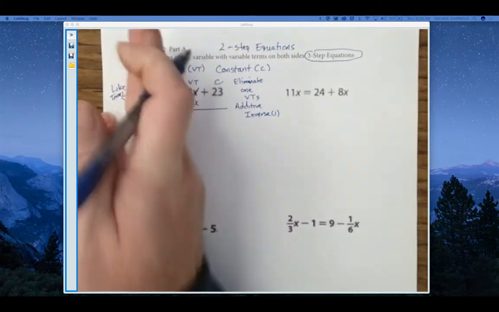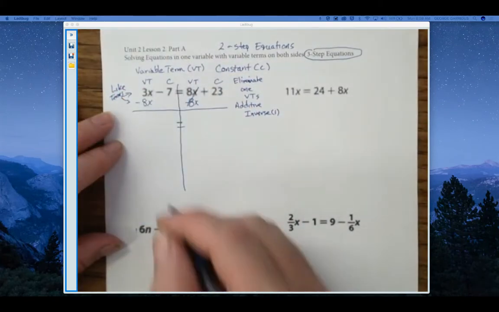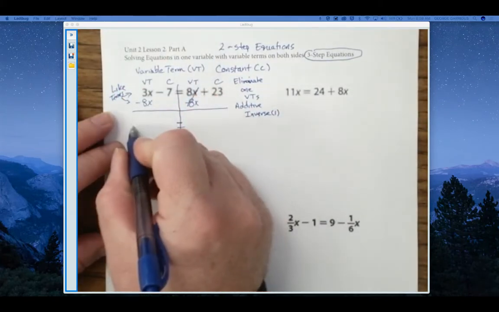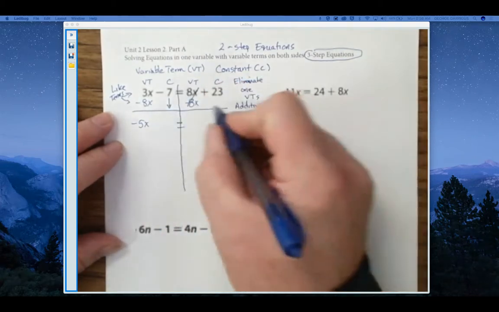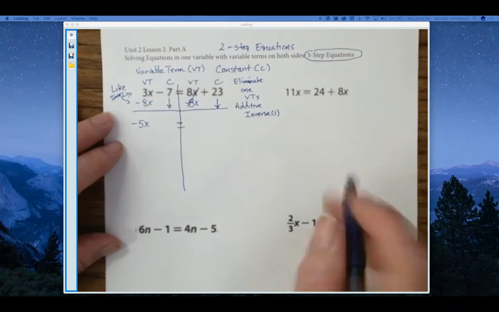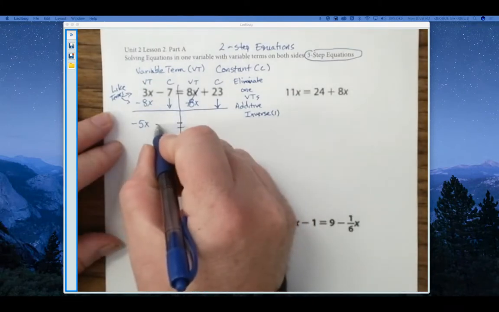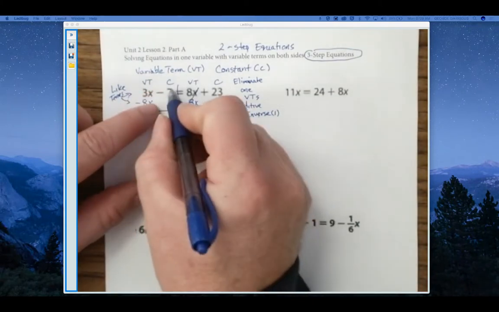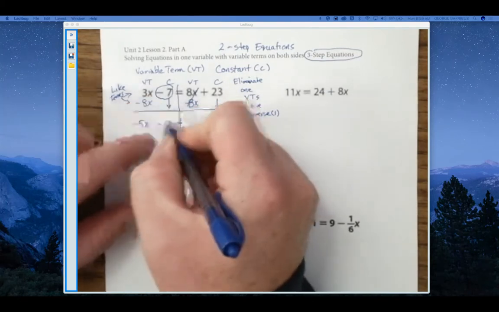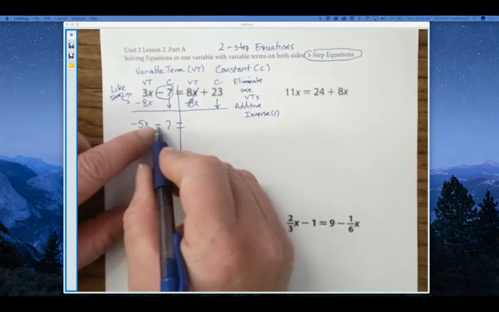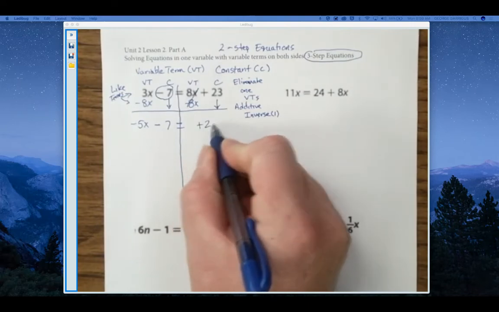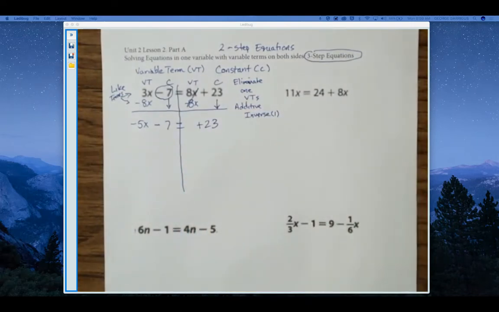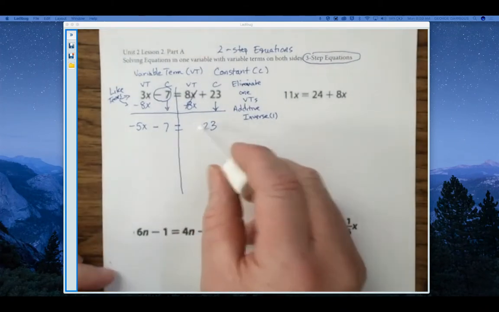So I align them vertically like I would with place value. 3x minus 8x is negative 5x. And then you bring down things that you did not do anything to. So minus 7. Notice that the term is all of minus 7. So the subtraction is happening here. And I'm left with plus 23 on the side, but I don't have to write the positive plus 23, so I'm just going to get rid of that really fast.